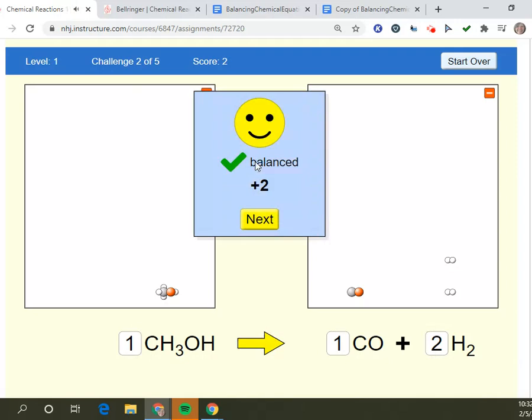Okay, we got our gold star. Okay, so go through all 3 levels, try to get at least 12 out of the 15 stars, and I'm just asking you to record it this time, but I would like you to really try it because this is fundamental to being able to go through the next steps of this unit.